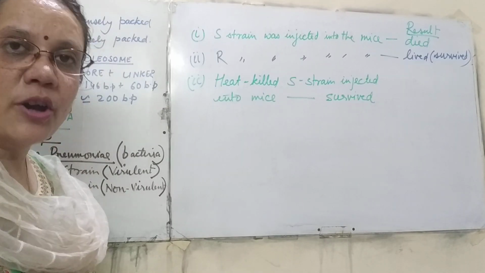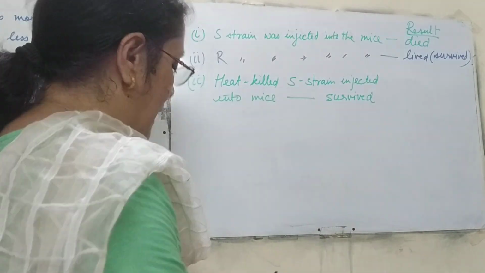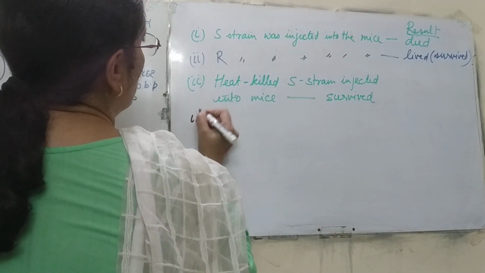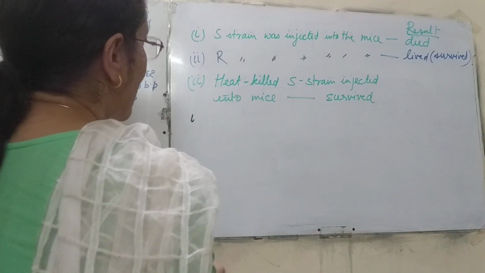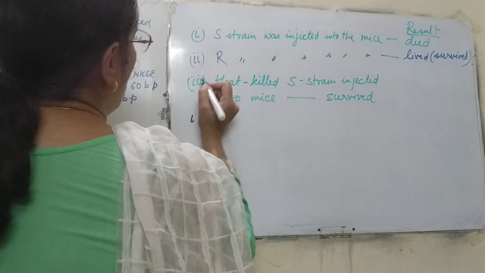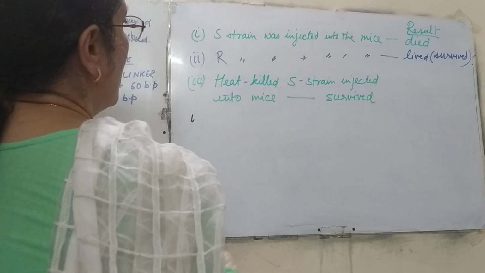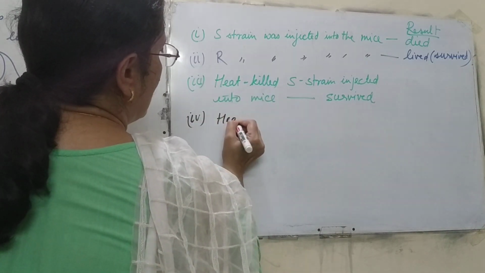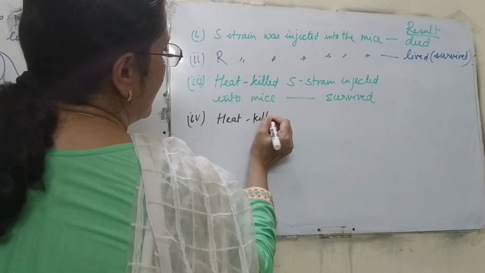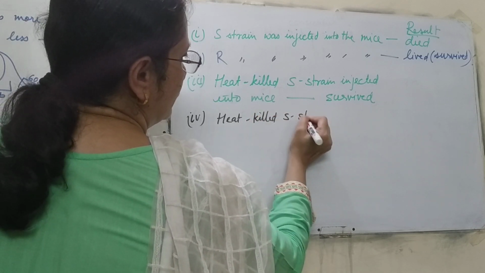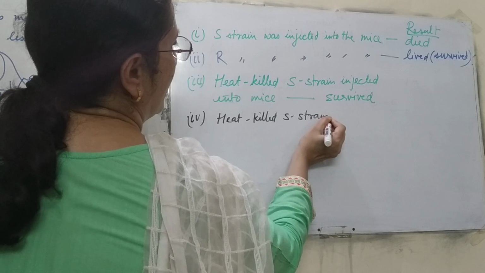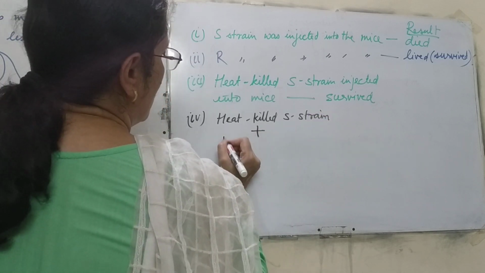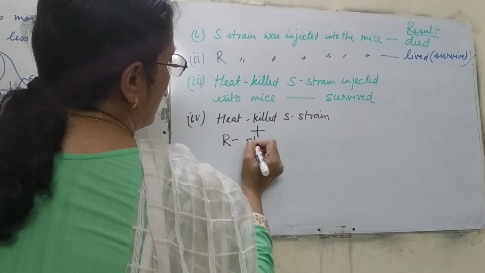Now the most important observation that he had seen was in the fourth experiment that he did, with heat killed S strain plus R strain.